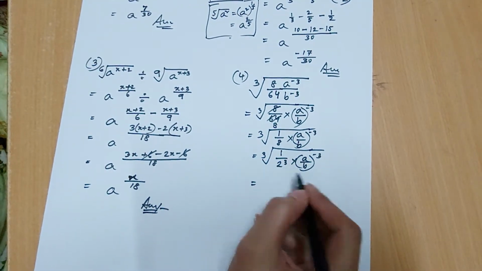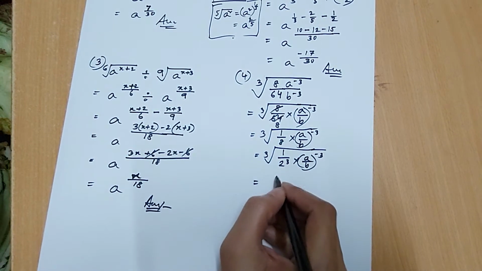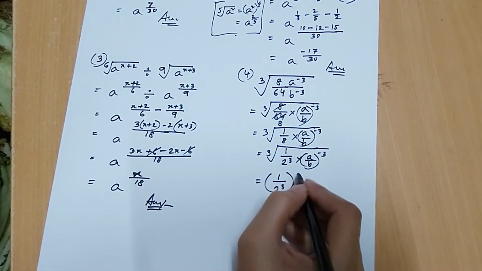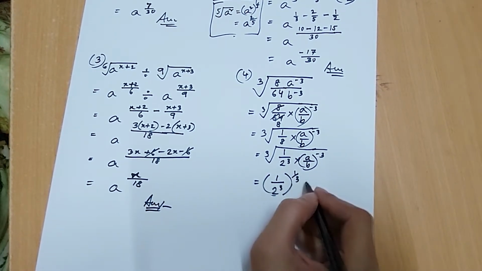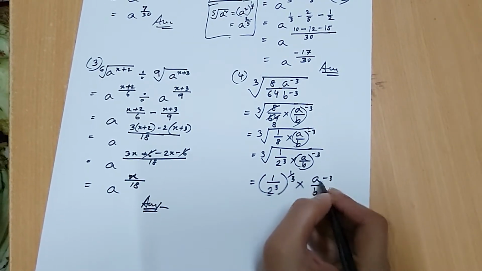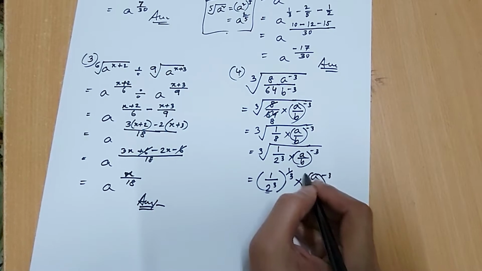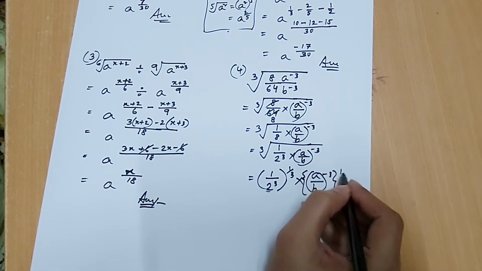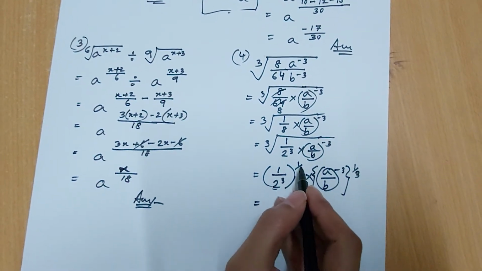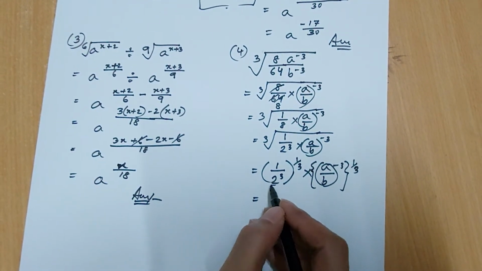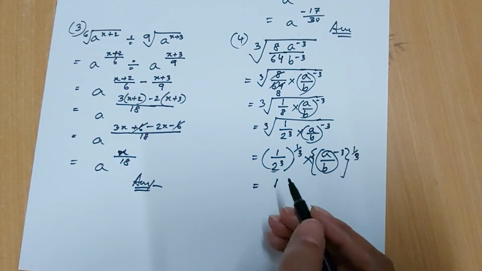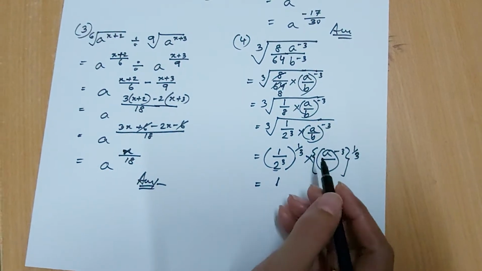And now I am separating them. 1 by 2 cube whole power 1 by 3, into a by b negative 3 whole power negative 3, and raised to the power 1 by 3. So we have 1 power 1 by 3, which always remains 1, because if the base is 1 raised to any power, it will become 1.